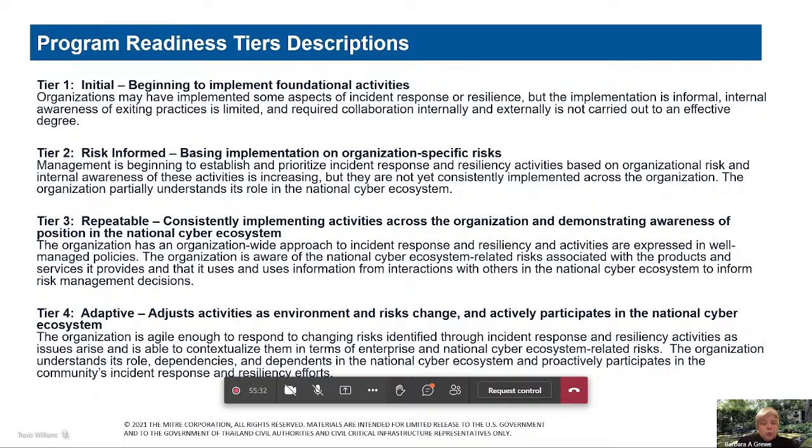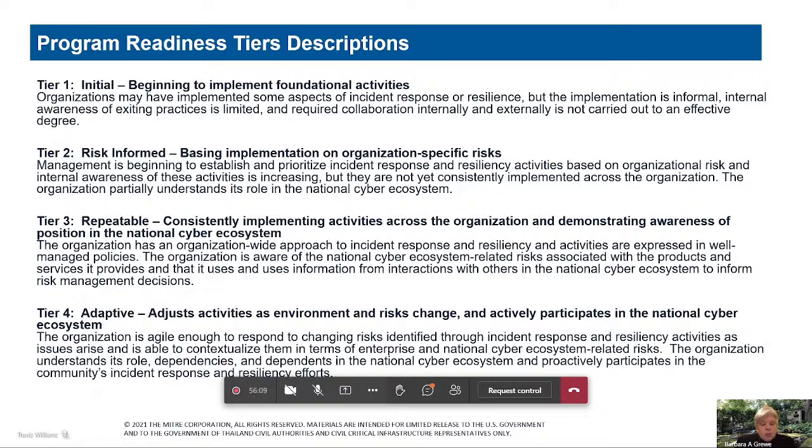Tier 2 is risk-informed. The implementation is based on organization-specific risks. Management is beginning to establish and prioritize incident response and resiliency activities based on organizational risk, and internal awareness of activities is increasing, but they're not yet consistent. Tier 3 is repeatable, consistently implementing activities across the organization and demonstrating awareness of the organization's position in the national cybersecurity ecosystem.